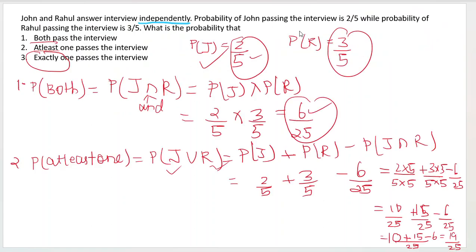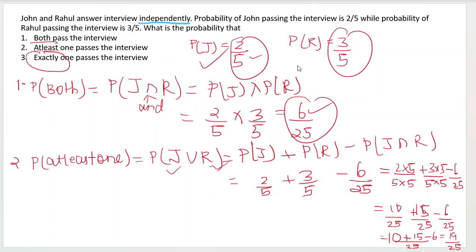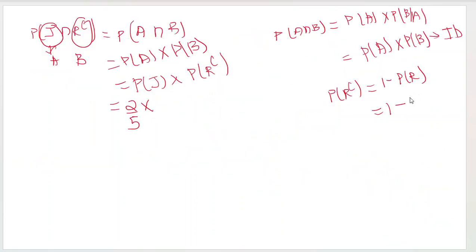We are just given P of R. But we find P of R complement by using the formula P of R complement is 1 minus P of R. P of R is 3 by 5, so 1 minus 3 by 5 is 2 by 5, which we insert here, and therefore we get the answer as 4 by 25. 2 2s are 4, 5 5s are 25.